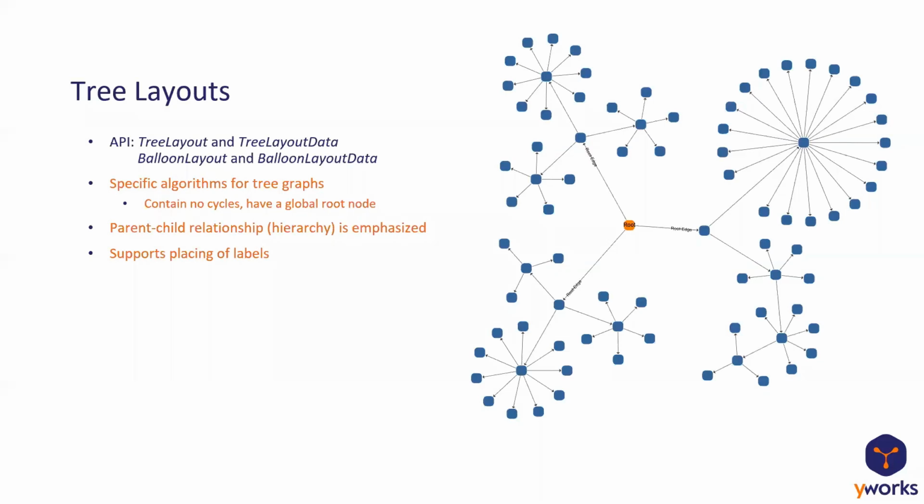Another important feature of tree layouts is that they support the placement of labels, like the hierarchic layout does too, as I mentioned earlier. And the organic layout presented before does not support that.